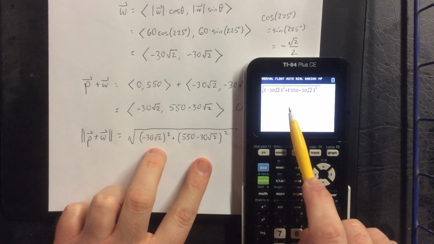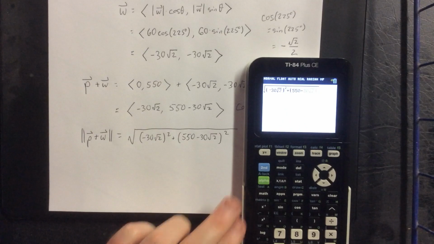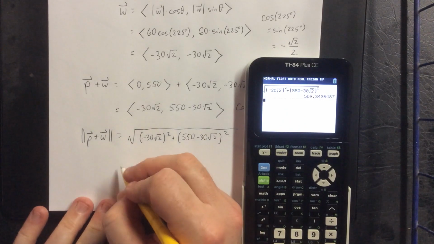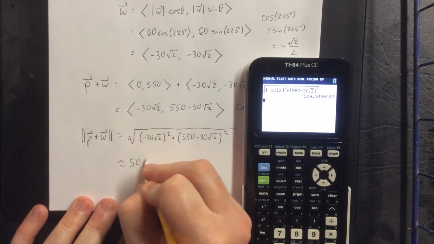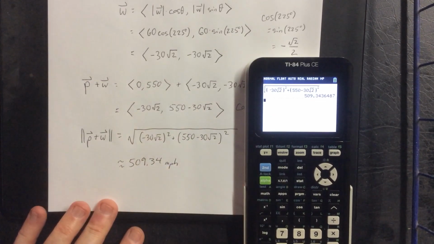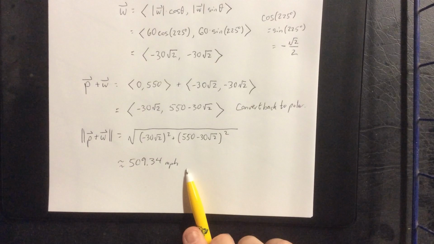So input to the calculator should look just like what you have on your paper. This will be approximately equal to 509.34 miles per hour. The reason that I know it's miles per hour is because those were the units that were given to us in the first place. So that takes care of the magnitude.